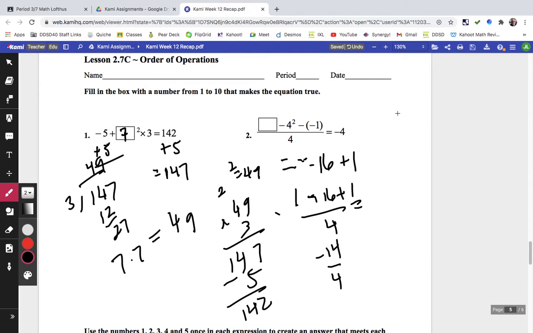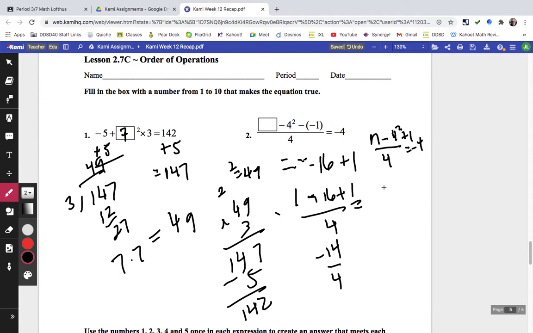Okay, we're going to go about this just another way, just real quick, because I'm curious. I think maybe there might be a mistake in the puzzle, but we'll see. I'm going to put a letter in there, n. When we subtract a -1, it's the same as adding 1. Divided by 4 equals -4.